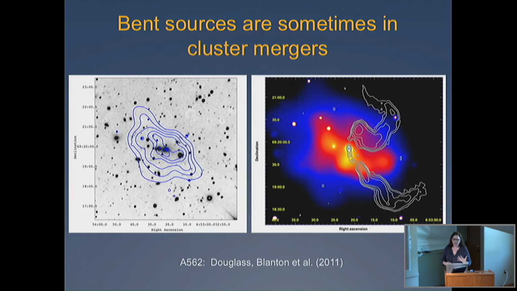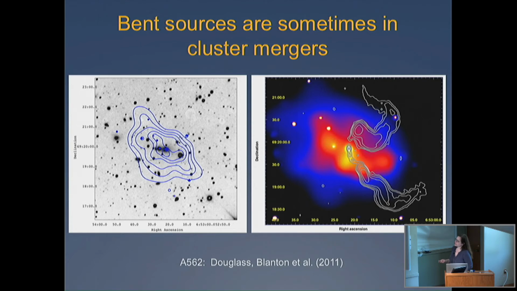Okay, so this is kind of the classic idea of what the environment of this type of source would look like. This is from Ned Douglas a few years ago, 2011. This is Abell 562. On the left is an optical image, and you have X-ray contours on top from Chandra. This is the Chandra smoothed image here.